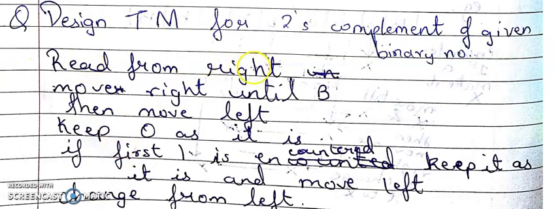Okay, if I have an example as 1, 0, 1, 1, 0, 1, 1, and I think you remember that every string has a blank at the start and the end. So what the rule says: read from right, move right until blank, then move left, keep 0 as it is. If first 1 is encountered, keep it as it is.